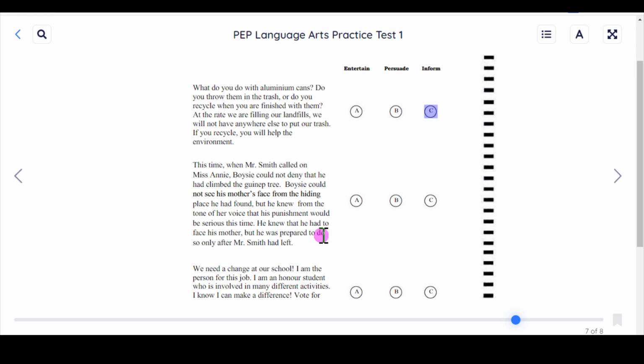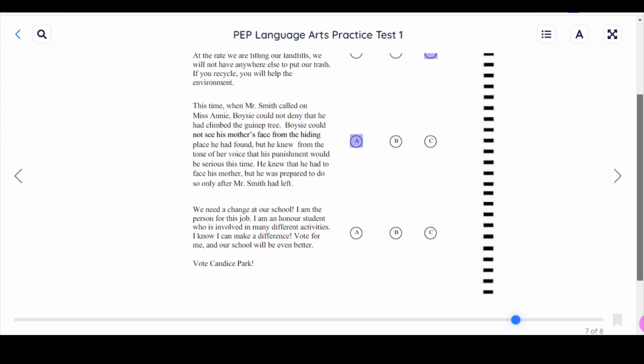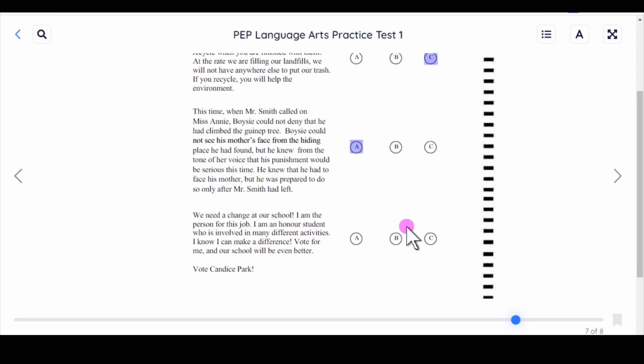He knew he had to face his mother, but he was prepared to do so only after Mr. Smith had left. Sounds like a story. So if it's a story, this could be to entertain. Okay. All right.